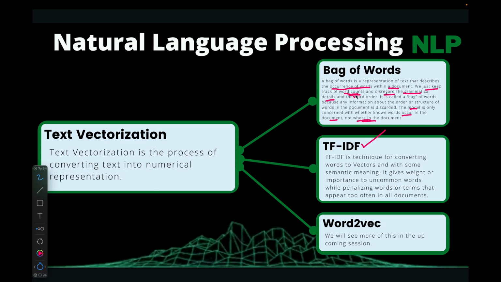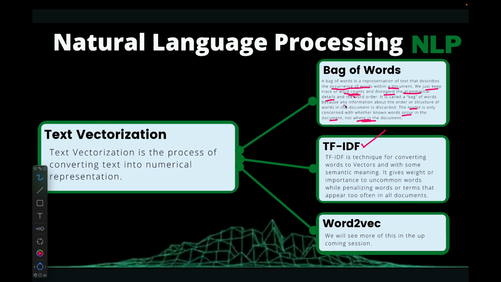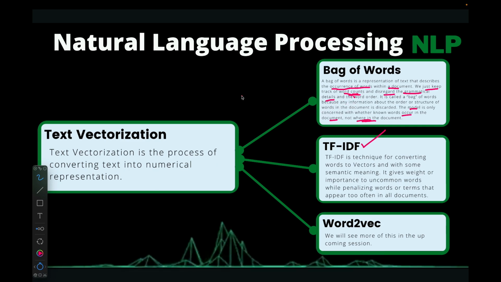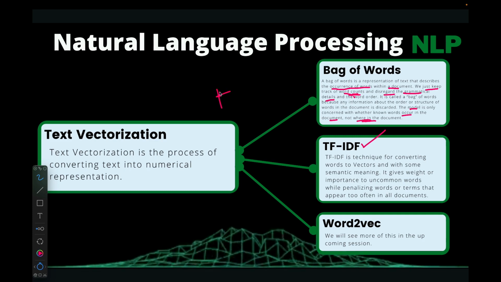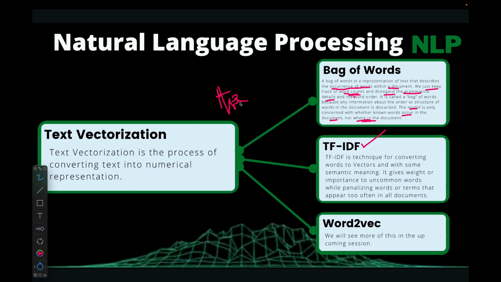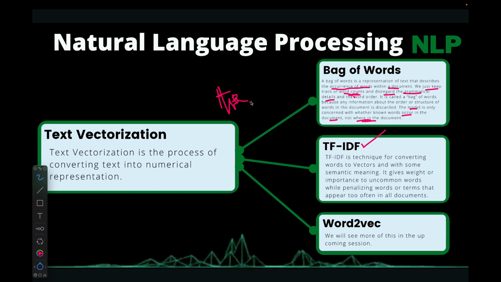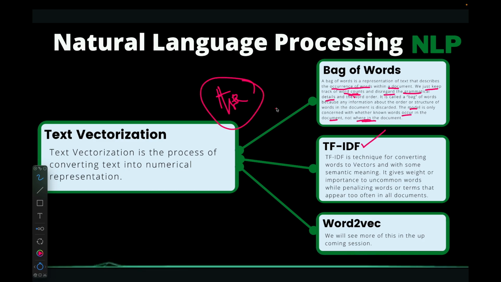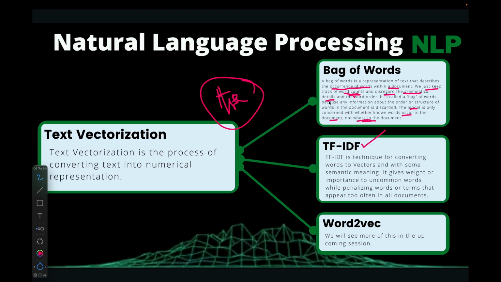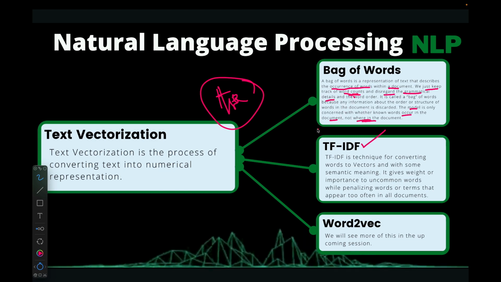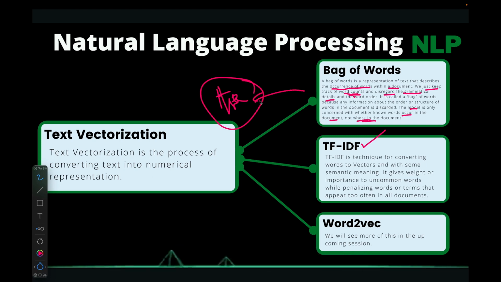But maybe those words that appear quite often are not important. For instance, a word like "there" may come quite often, but it does not contribute much to the overall meaning of the vocabulary that we are using. We want to deal with that.